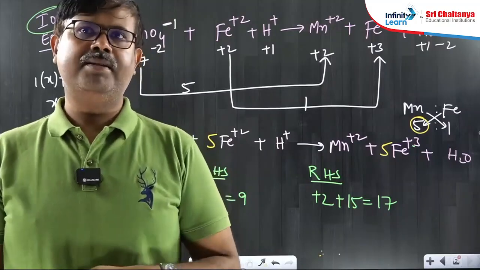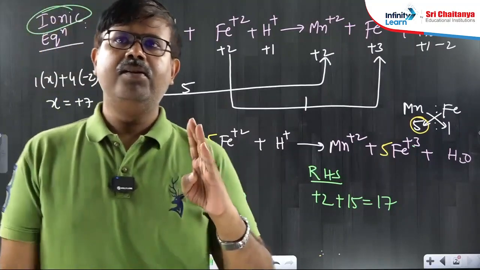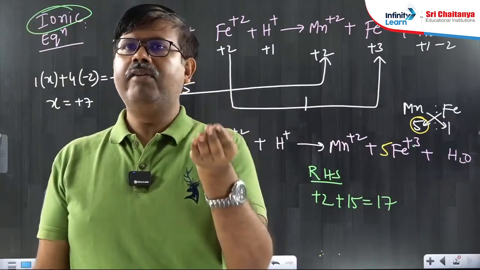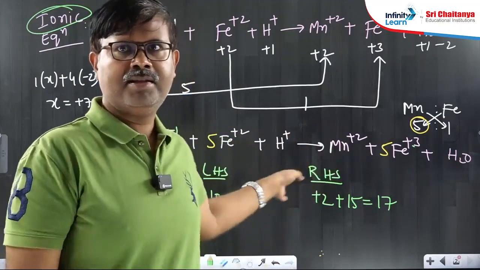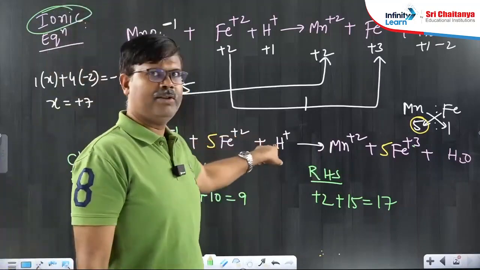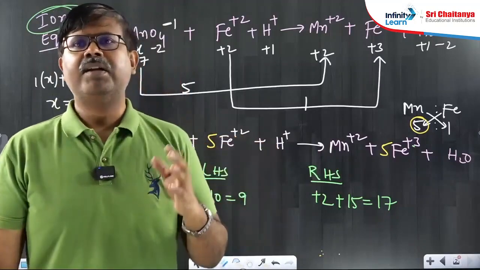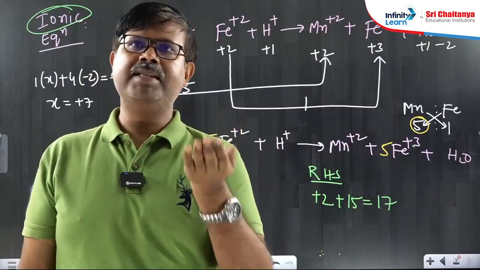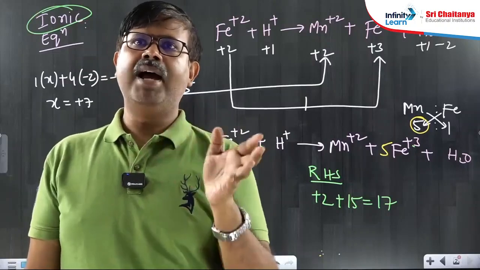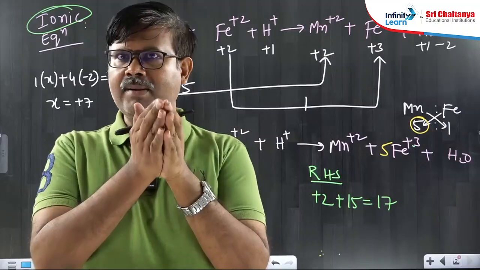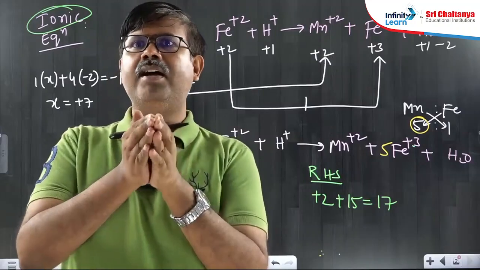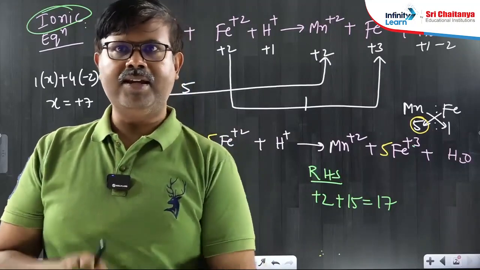How to balance? Listen carefully. If you are taking the help of H plus ions to balance the charge, then use H plus only to balance the charges. If you are using H plus, meaning acid medium, then add the required number of H plus to the lower charge side.